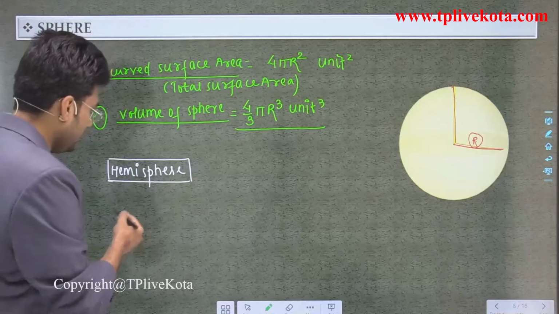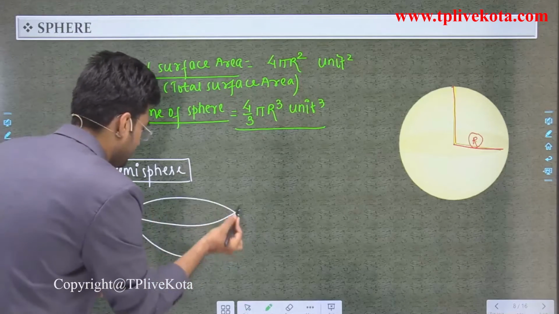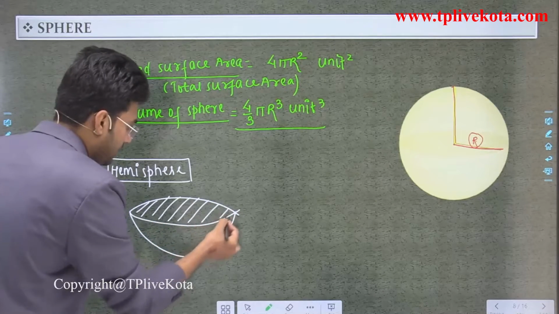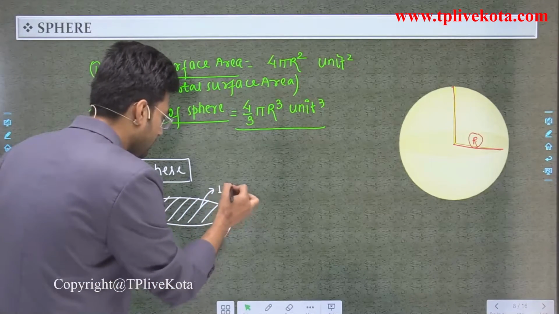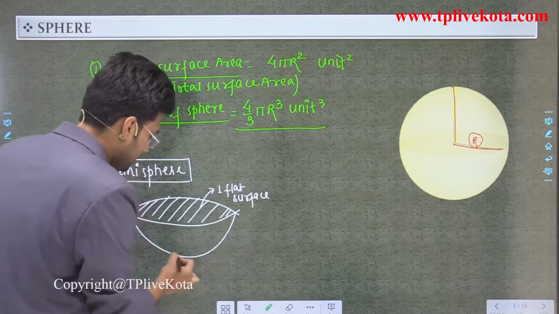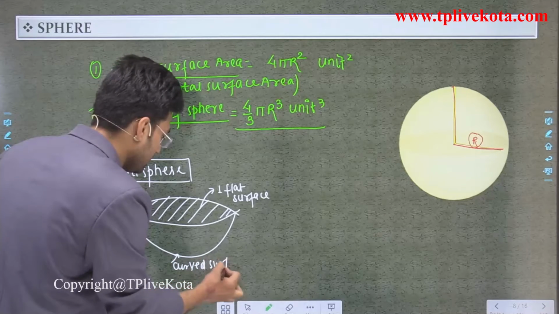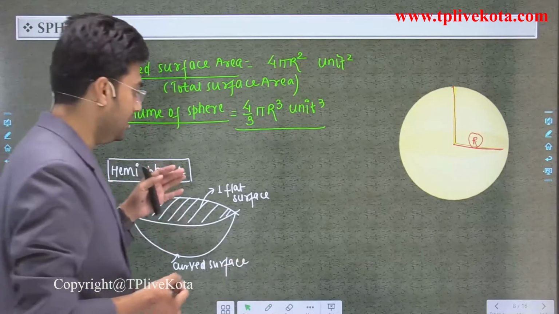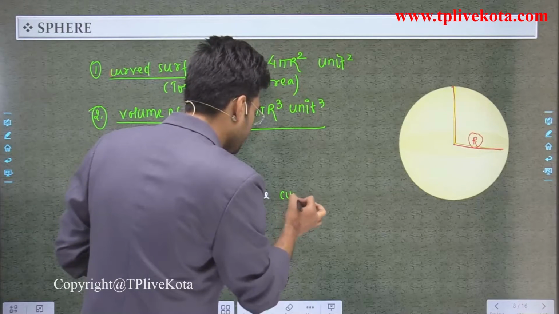Okay, so in hemisphere, this is hemisphere, and now for the hemisphere we have one flat surface, and this is curved surface. Clear? So now for this hemisphere, let's discuss about curved surface area.